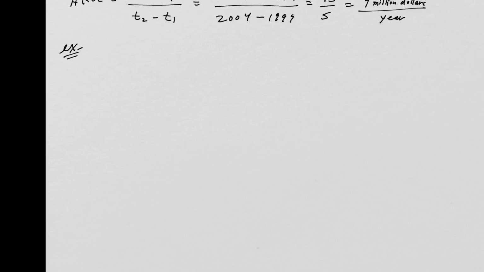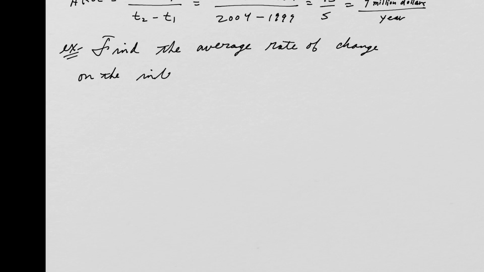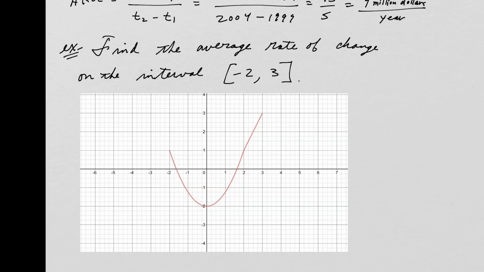So let's say we want to find the average rate of change on the interval -2 to 3.